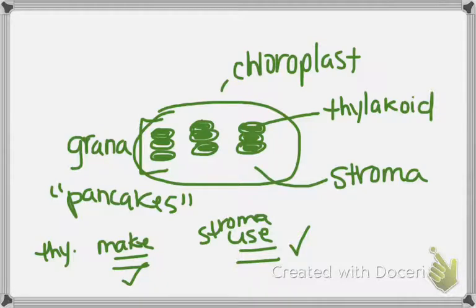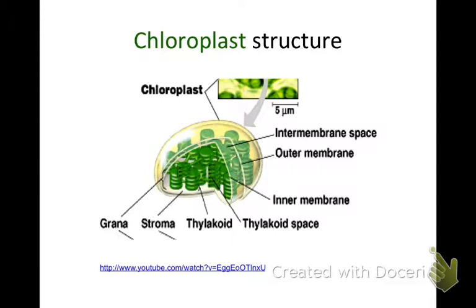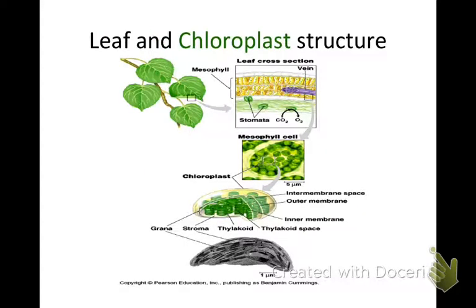Alright, so there's our pretty thylakoid. Much better than that picture. This is just a picture showing you that you have a leaf. Inside those leaves are cells, plant cells. And inside those plant cells, there are little bitty green structures called chloroplasts.